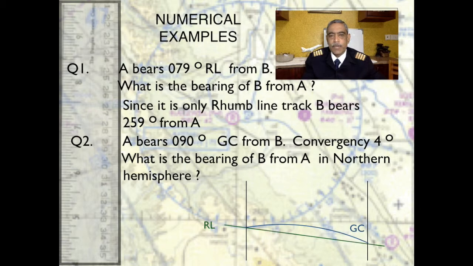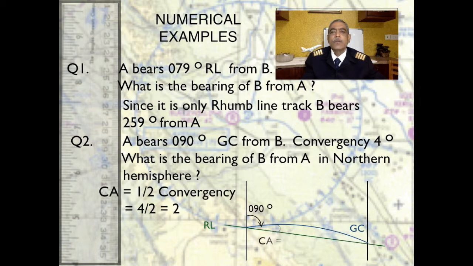Here I have shown the curved one, which is the great circle track, as 090 degrees. Now, since we know convergency is 4 degrees, conversion angle is 2 degrees. Therefore, the Rhumb line track will be 2 degrees greater than the great circle track because it's the northern hemisphere.